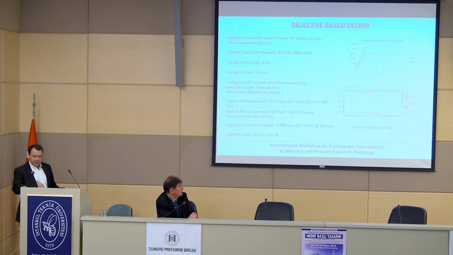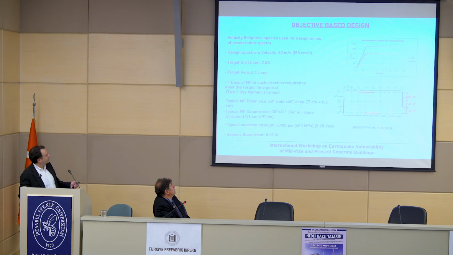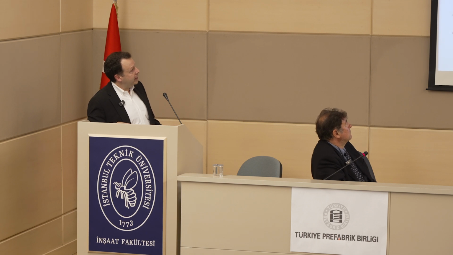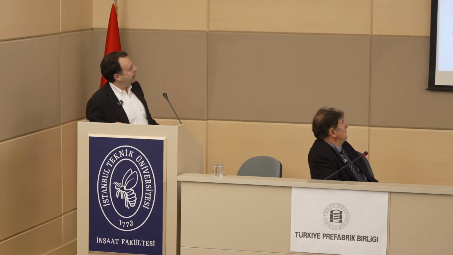So here's the summary. So it looks a little bit better. So we have our spectral velocity of 150 centimeters per second. That's our target drift. This was our target period, although I've shown how we could use another value. For this, instead of the 3 bays for the lateral resisting system, we only need 2 bays instead of 3. And for the moment resisting frame, the sizes are similar.